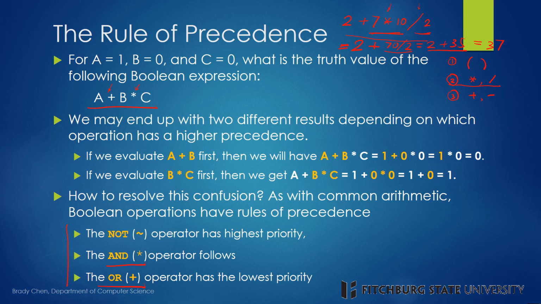So we're going to evaluate B and C first, and then we evaluate A or the result of B and C. So we evaluate AND and get the result first. This is the same as A plus B asterisk C. So this is basically what we do.